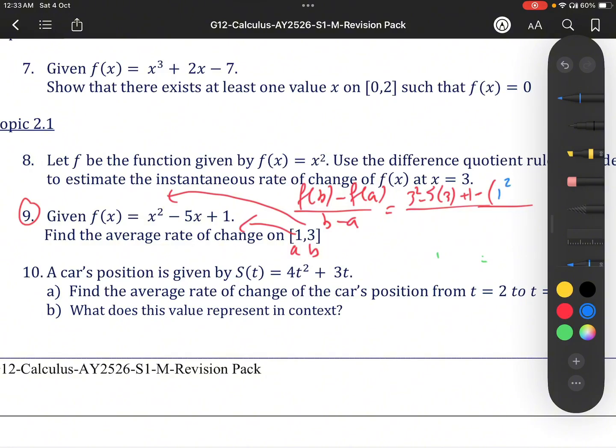It will be 1 square minus 5 bracket 1 plus 1 over b minus a, 3 minus 1. Do calculations. It will be negative 1.